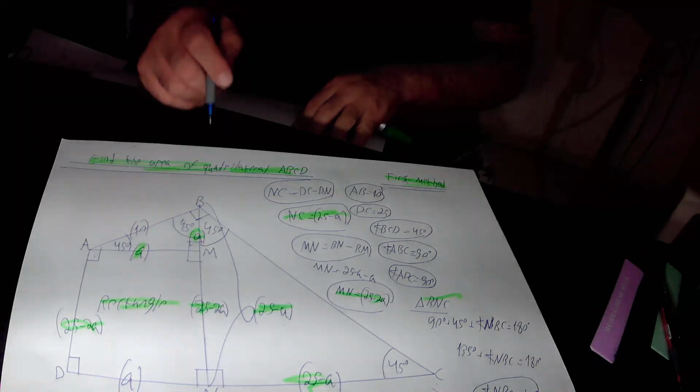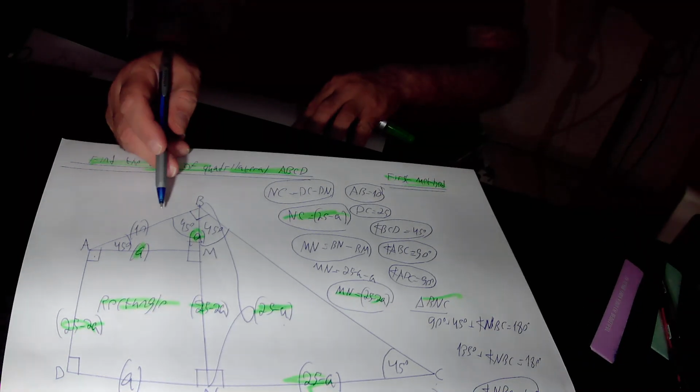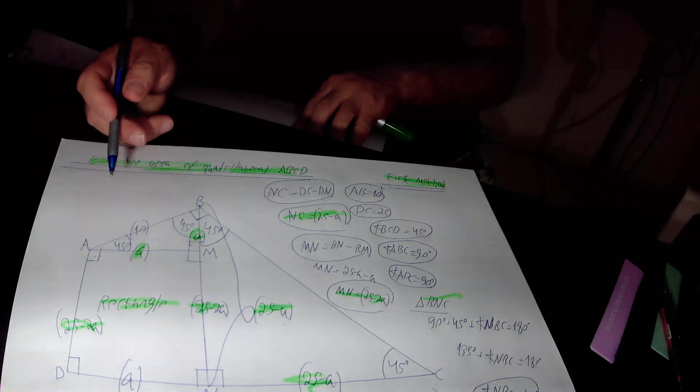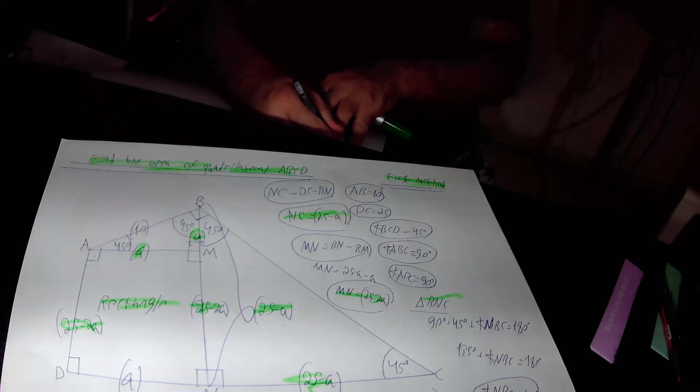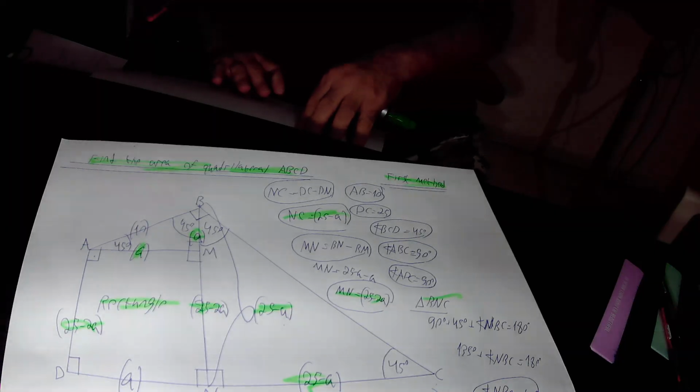Here we will implement the Pythagoras theorem on this small right triangle ABM. According to the Pythagoras theorem, in any right triangle, the square of the hypotenuse equals the sum of the squares of the perpendiculars.